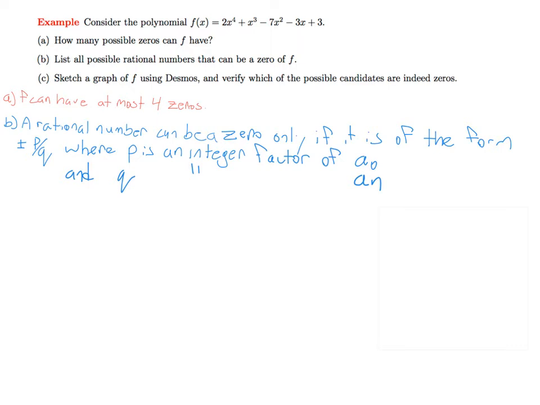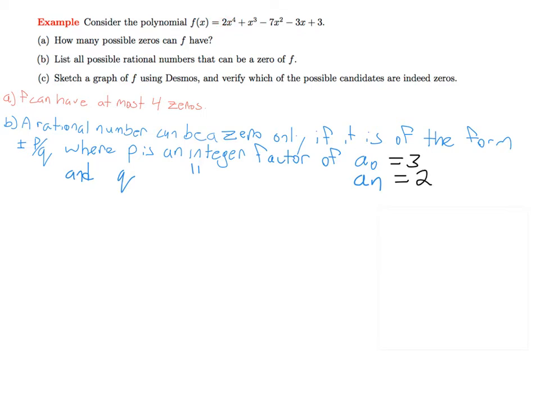So in this case, we note the following, that a sub 0, the constant term, is 3. And a sub n, the leading coefficient, is 2.